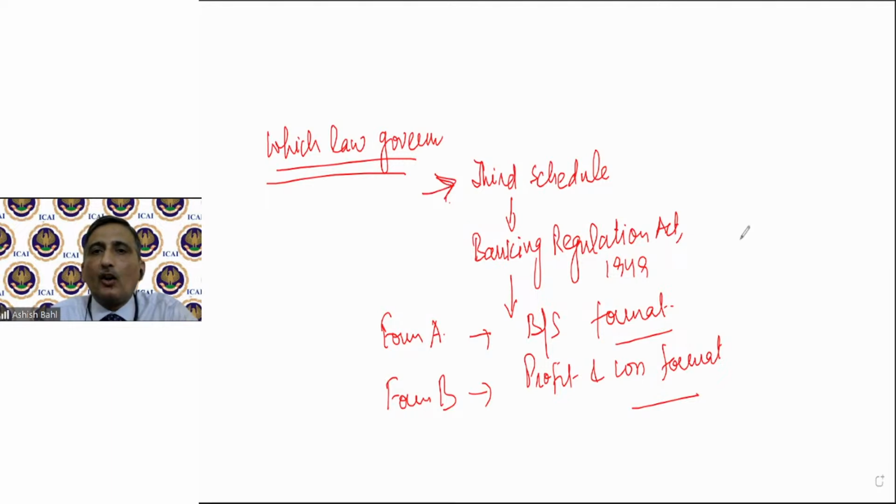So what is the important distinction? Say the format for preparation of financial statements of companies is Schedule 3 to the Companies Act, as you know already. So here it is also number 3, but it is stated as the third schedule.